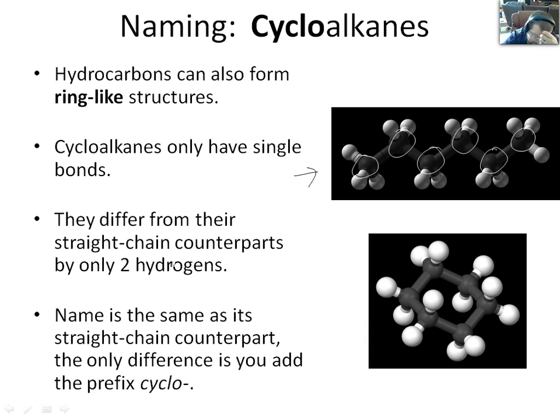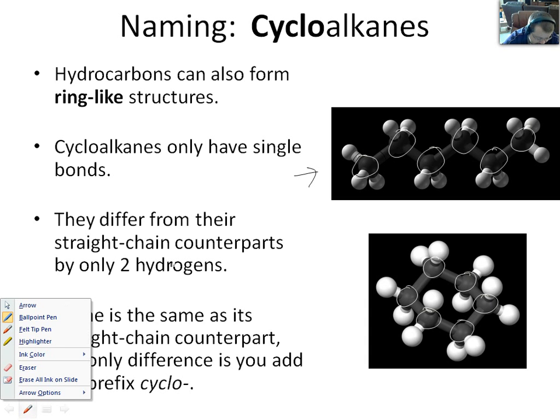Now, if we wrap those around into a ring, I've still got 6 carbons in that bottom picture, but it's called a cycloalkane. A cycloalkane is in a cycle.